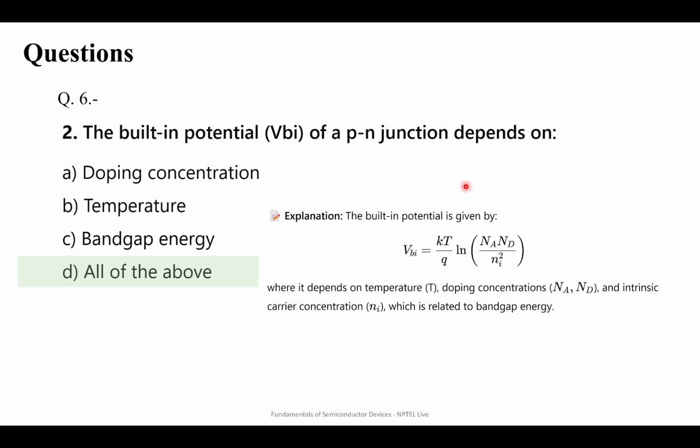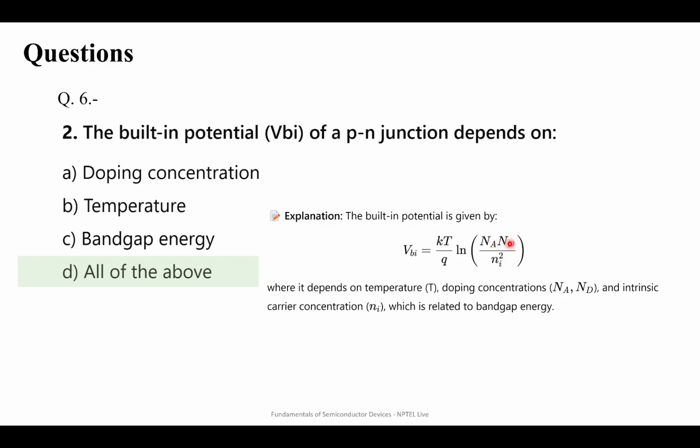So the formula for built-in potential is given as kT by Q ln Na Nd by Ni square. So you can see it is depending on temperature here, as well as your intrinsic carrier concentration is also dependent on temperature. So there are multiple dependencies on temperature.